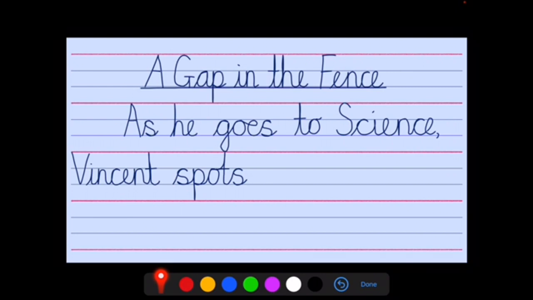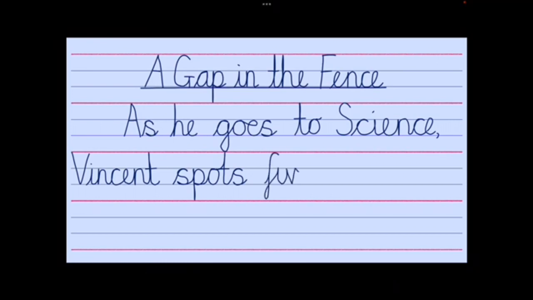5 in a gap. 5. A vowel consonant E spelling. 5 pence in a gap.